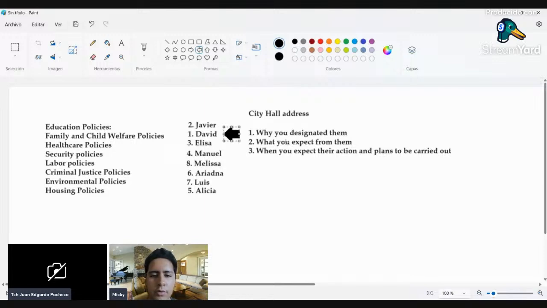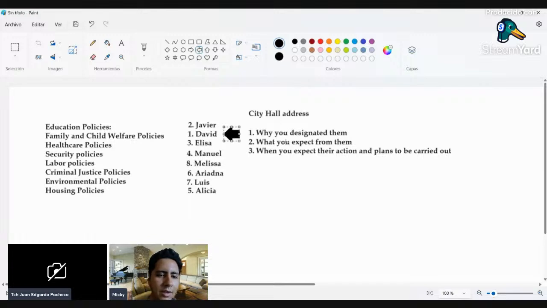I want to have the plan as soon as possible because we know that we have a lot of work to do, and we need to work together. But obviously, David is in charge for the reason that I told you, because I know the quality of person that you are, and because I trust in you.